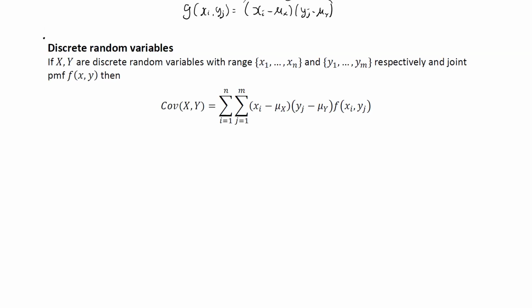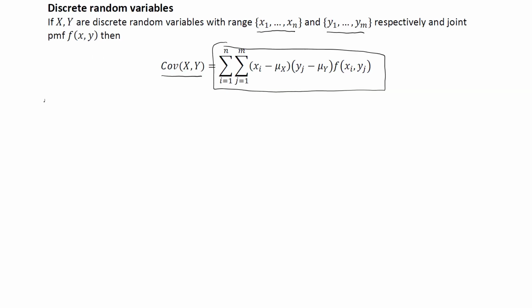A little bit more formalized, the range of x is from x1 through xn. The range of y is from y1 through ym. Then the covariance of x and y will be given by this double sum, where n and or m may be infinite. An example of how we would calculate the covariance between two discrete random variables.